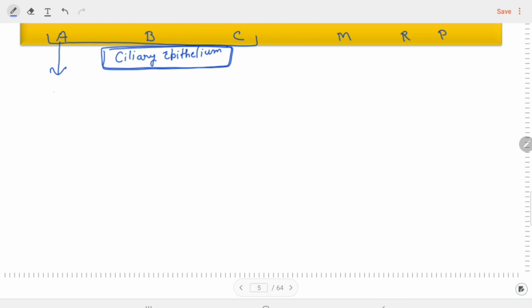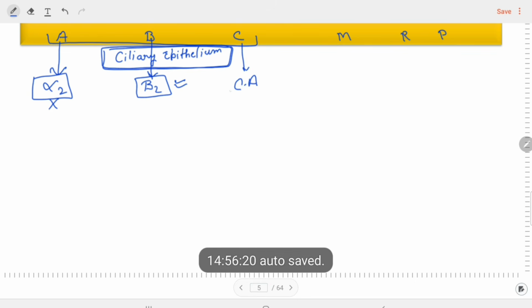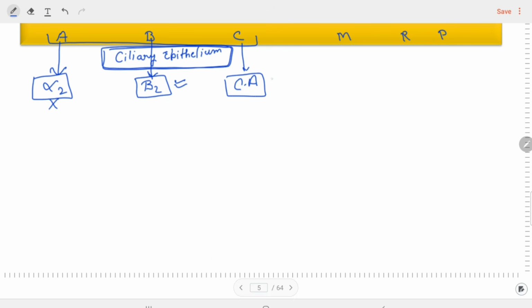Alpha 2 blocks the production of aqueous humor from the ciliary epithelium. Beta 2 takes part in production by activation. And the carbonic anhydrase enzyme causes the production of aqueous humor.